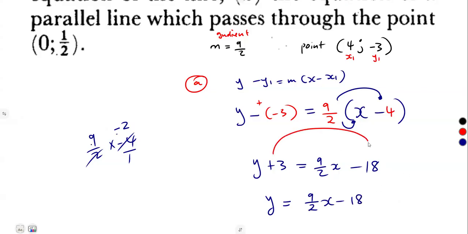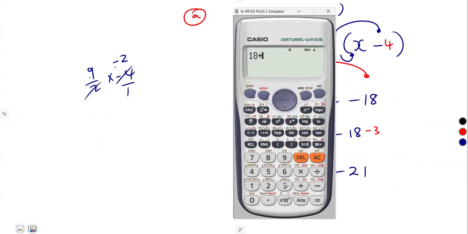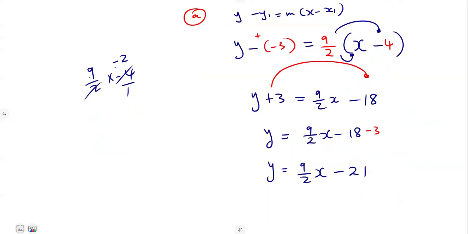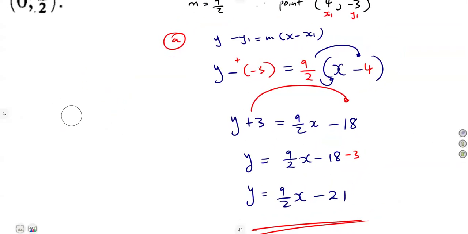We take the 3 to the other side. It's going to be a negative 3 there. So meaning to say y is equal to 9/2x minus 18 minus 3, that's minus 21. So that is it, guys. 18, 3, that is 21. So this is negative 21. So we've got the equation of the line from that concept. All right, just like that. When you're given 1 point, that's how we play around.